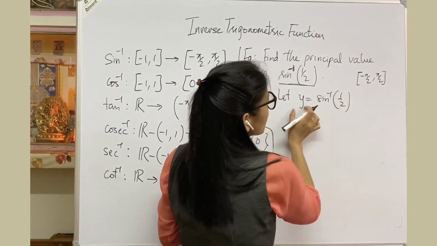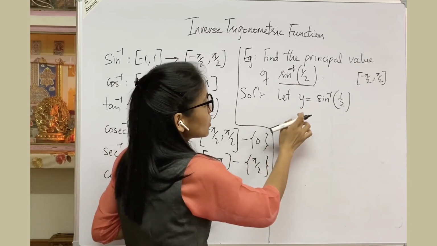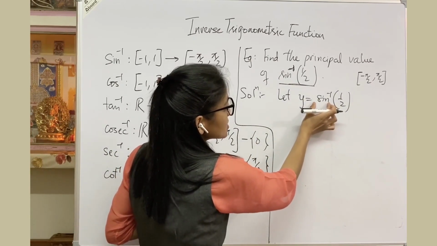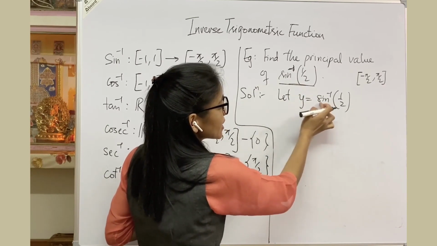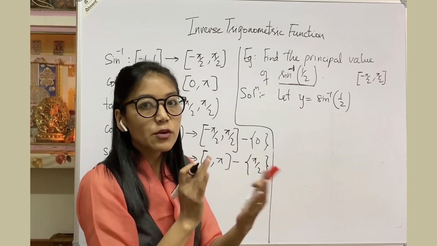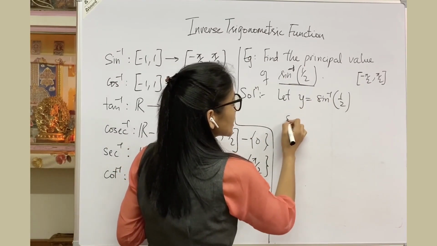Whatever value you get for y should be within this interval. You have to remember that. Now sine inverse and sine are inverses of each other. So when I bring it to the left hand side, sine inverse becomes sine.